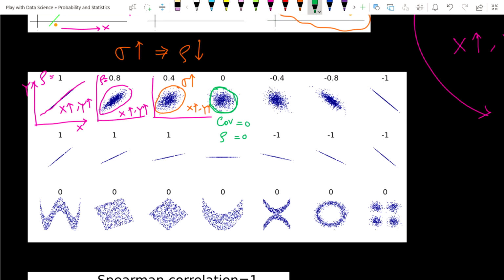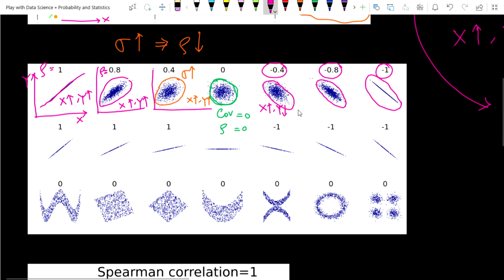If you see this picture, here as x increases, y decreases, because of that its value is negative. If it's more linear, then its magnitude increases, and if it is properly linear, it tends to properly -1.